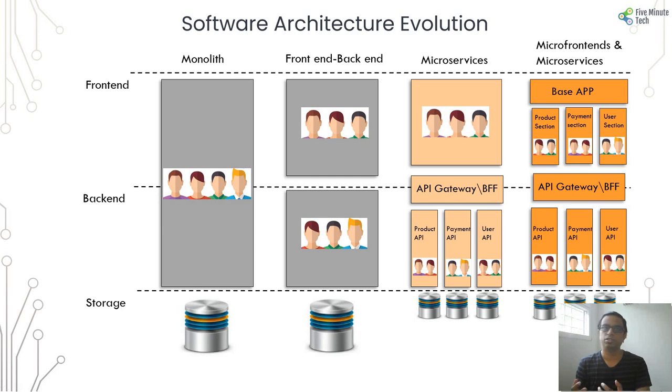So how has our software architecture evolved? This is pretty much a well-known fact that we had a monolith to start with, wherein everything was developed as a single application product with all the layers built in as a single system.